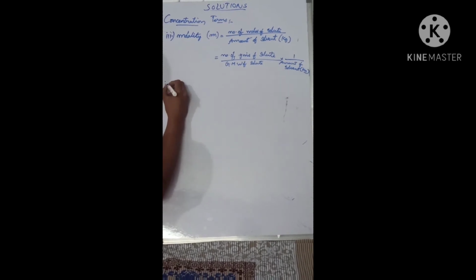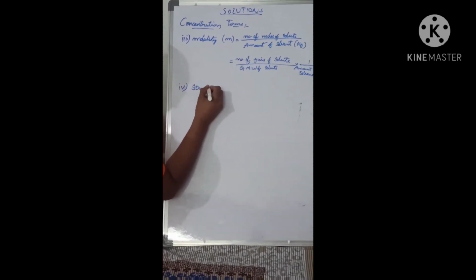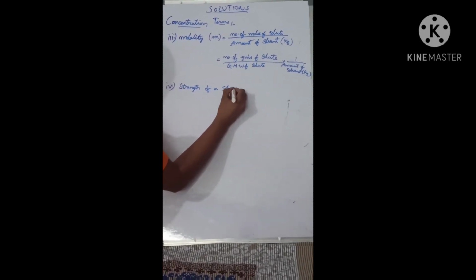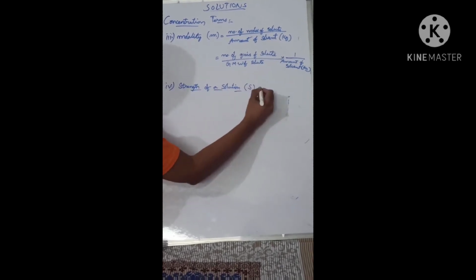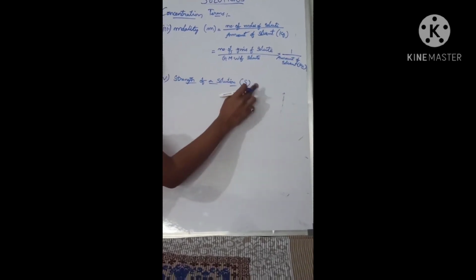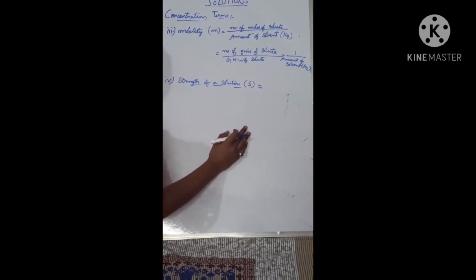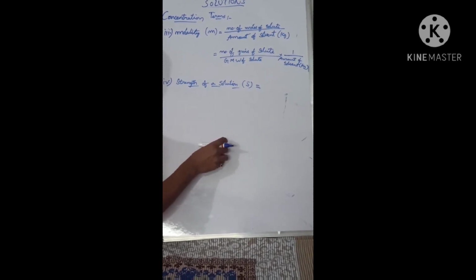Next, strength of solution. How can we find the strength of a solution? It is denoted by the capital letter S. Strength of solution is the mass of solute in grams dissolved in 1 liter of solution.